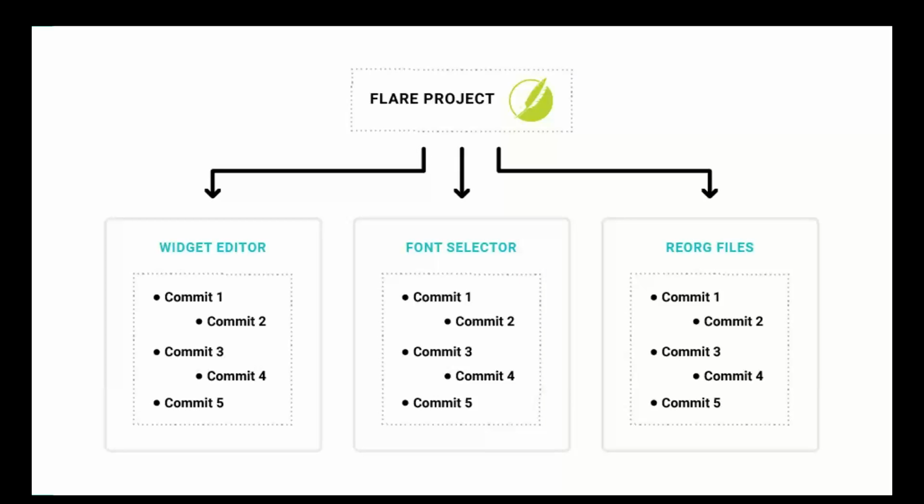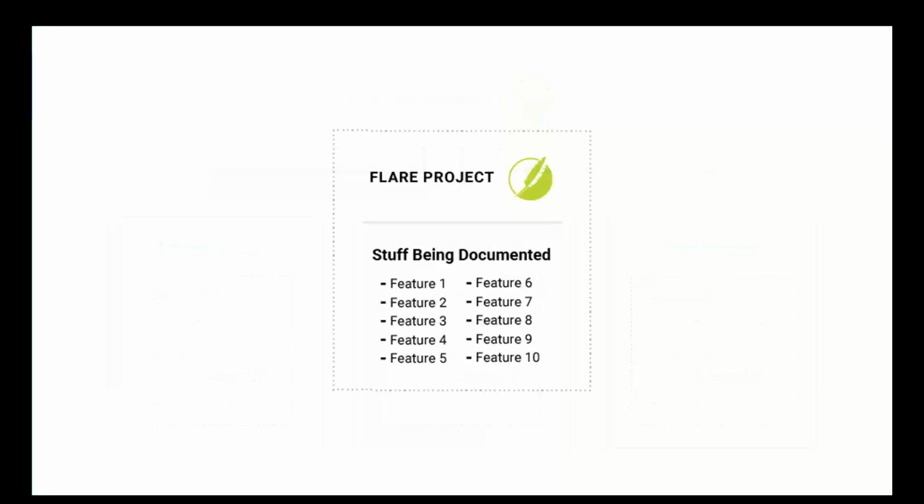So why would you do this? What's the point of having separate branches when you can just do everything in one place? Well, have you ever been documenting a bunch of stuff for a release, and then at some point the product manager comes along and goes, yeah, Paul, our developers said they just don't have time to finish features 8 through 10. They'll get features 1 through 7 done, but 8, 9, and 10, they're not going to happen for this release.